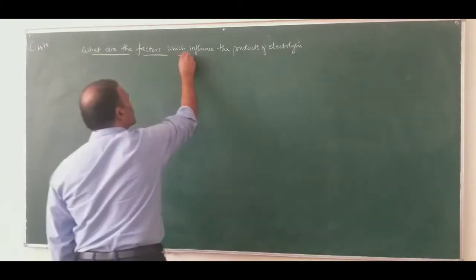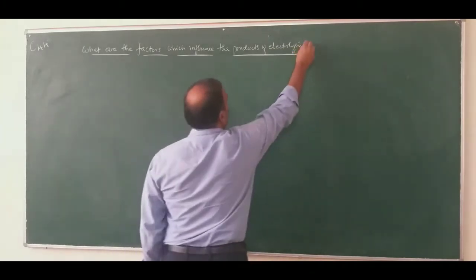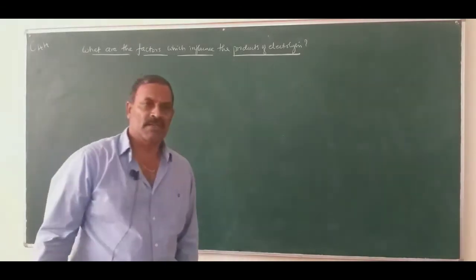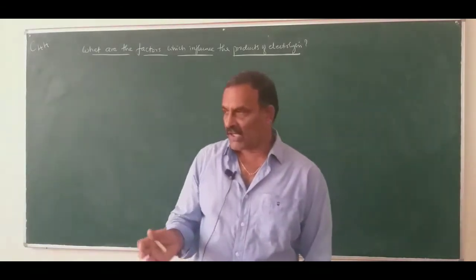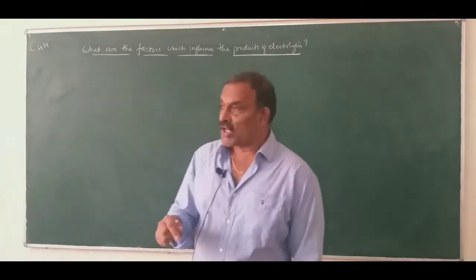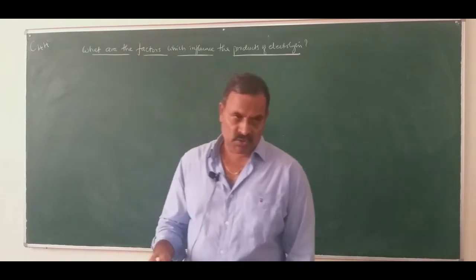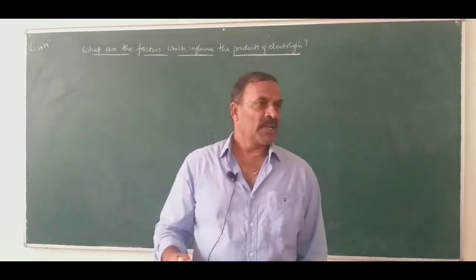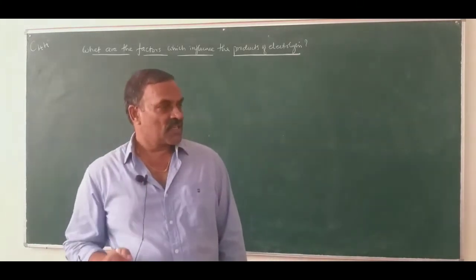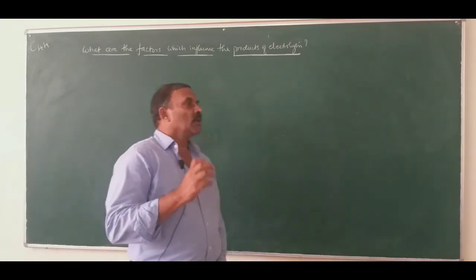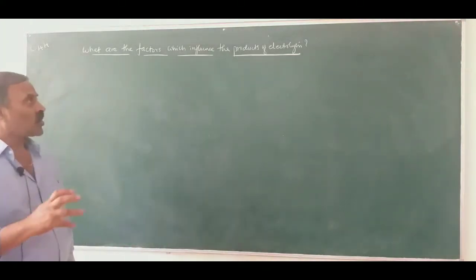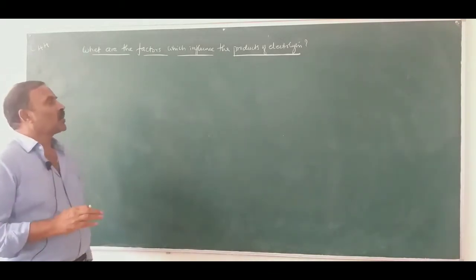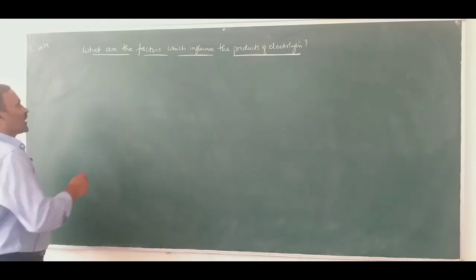As I have told you in the last class, during the electrolysis of electrolytes, products will be liberated at the respective electrodes. So anode will be dissolved and cathodes will be deposited. What are the products which are liberated at the anode or cathode depends on the following factors.